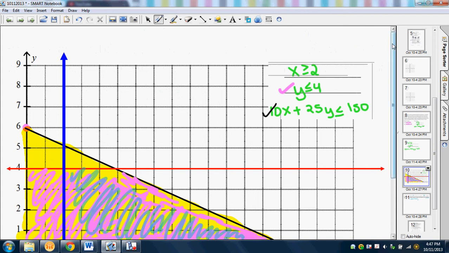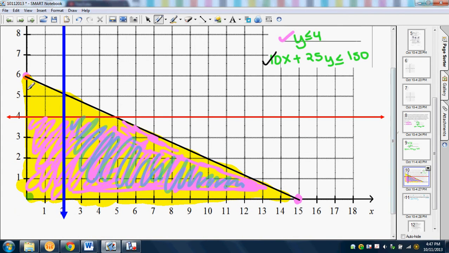So if I come back and look at this graph, I want to look at my points. My maximum and minimums are all these points right here. These are my maximum x values and y values, okay? So I have 4 points here. I have 2, 0. This means that 2 bracelets is the minimum and 0 necklaces is a minimum requirement based on the constraint.